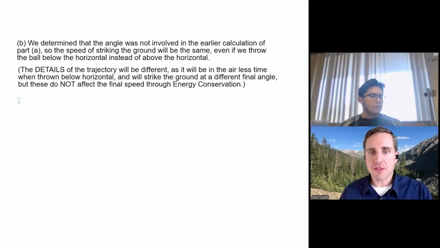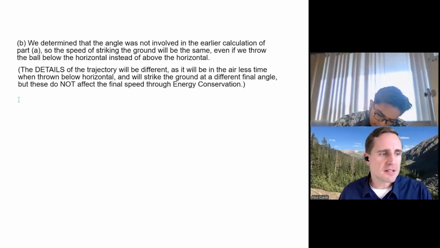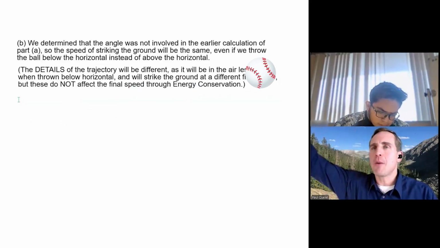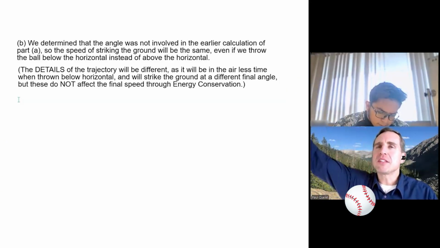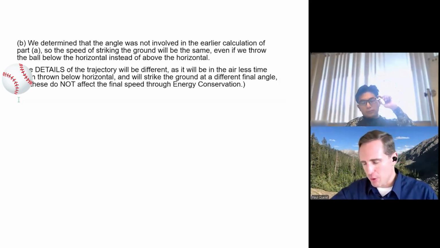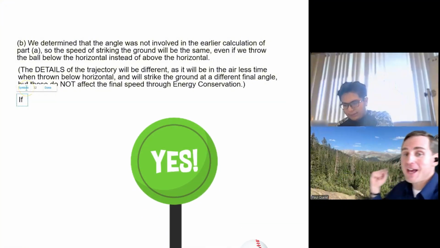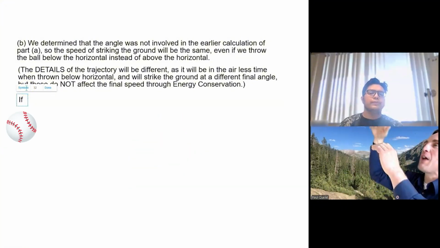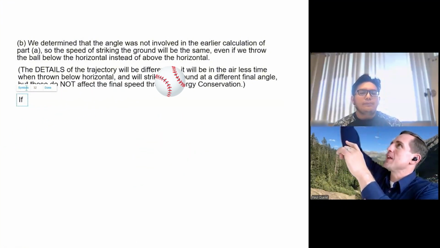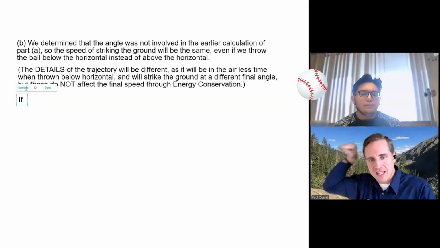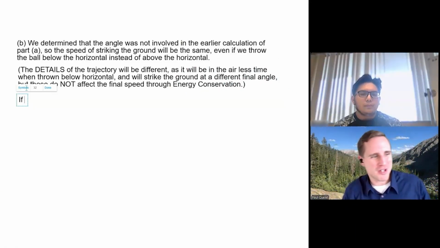Let's see if we can come up with a physical reason why. If you throw it up and then it comes back down, will it be moving the same speed as if you just threw it downward? I'm actually going to say yes. If you throw it up, gravity is going to slow down its y velocity, but then speed it up again, as if you had just thrown it below horizontal.